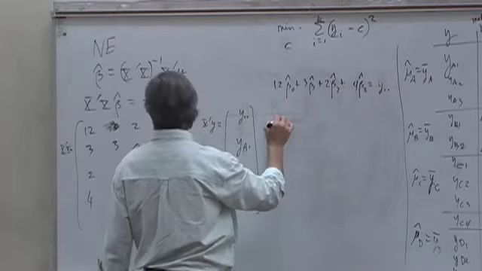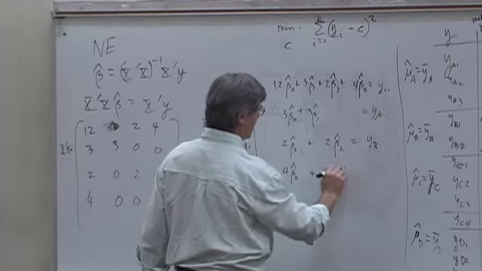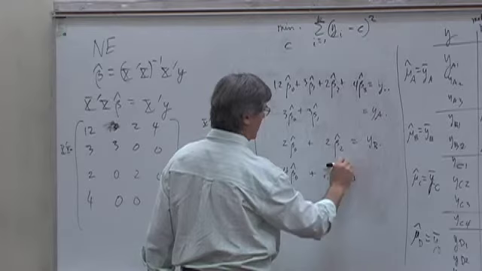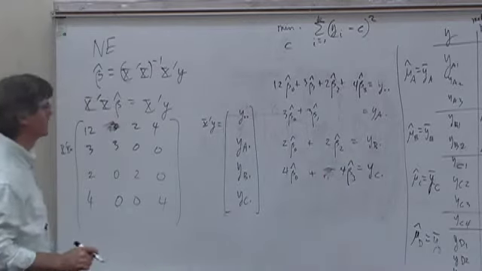And 4 beta 0 hat plus 4 beta 3 hat equals y c dot.